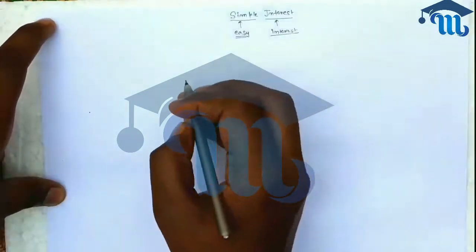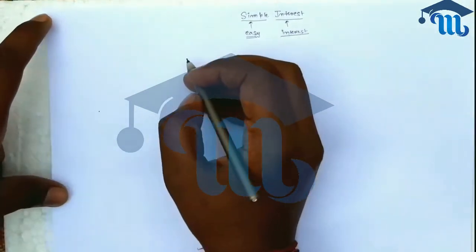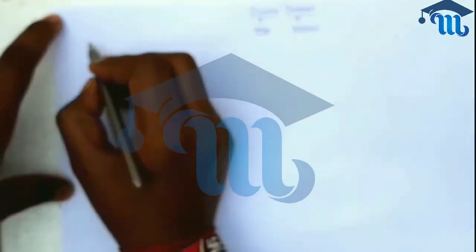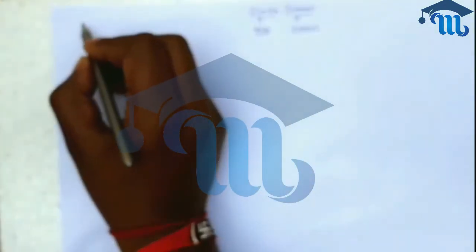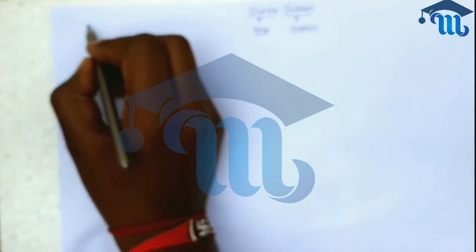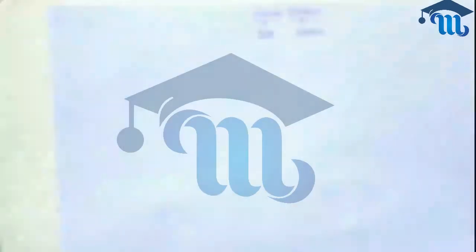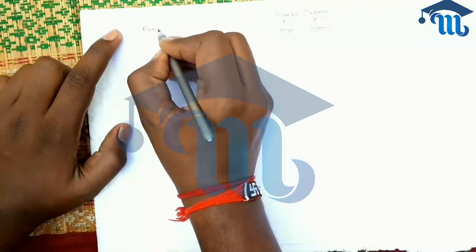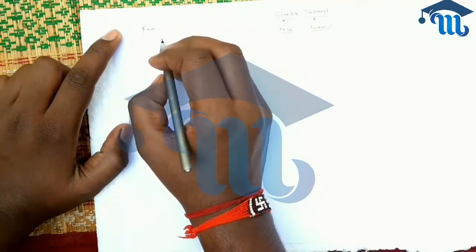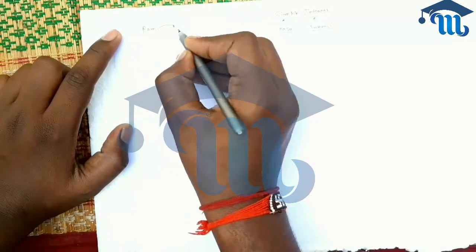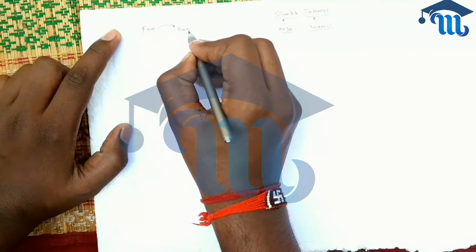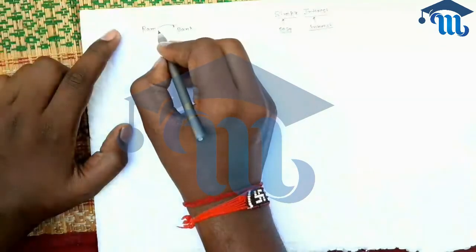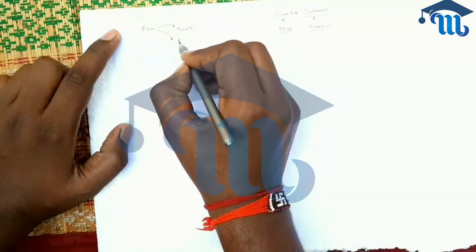Simple interest. Suppose we have a boy whose name is Ram. Ram deposits some money in the bank and some money in his piggy bank.